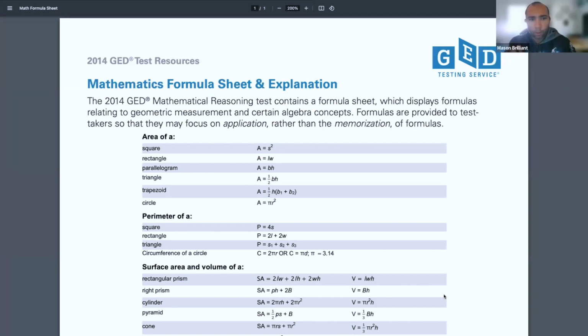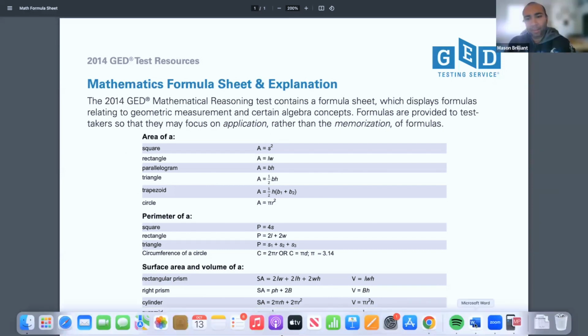I would look on the first line. Absolutely. That very first section we said was the area section, and we are looking for a square. We find the individual shape, and there is the formula that we want. A is equal to, do you know how to read that, by the way, Mason? Area equals side length squared. Bingo. Let's go use that formula.